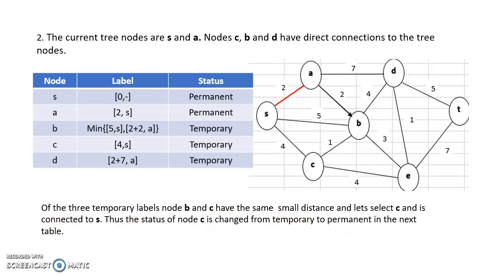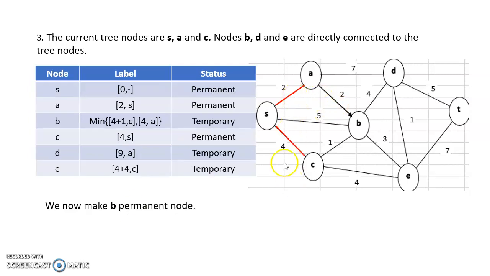Now C has been introduced in the tree in this table. In the figure, you can see using the red lines. The red lines are denoting the connections of the tree nodes. The status is now changed into permanent. So to these tree nodes we have B, D, and E, which are directly connected.